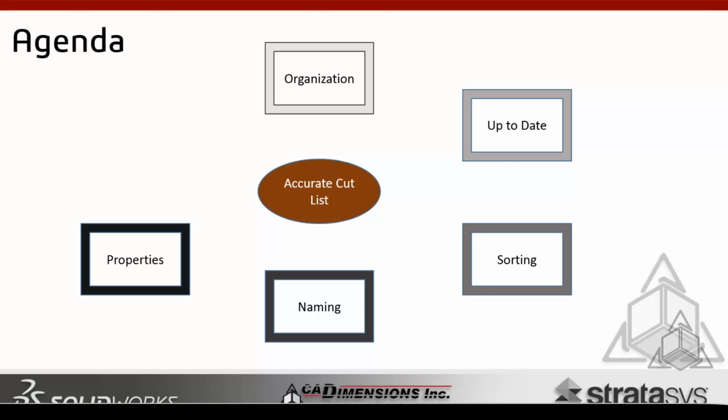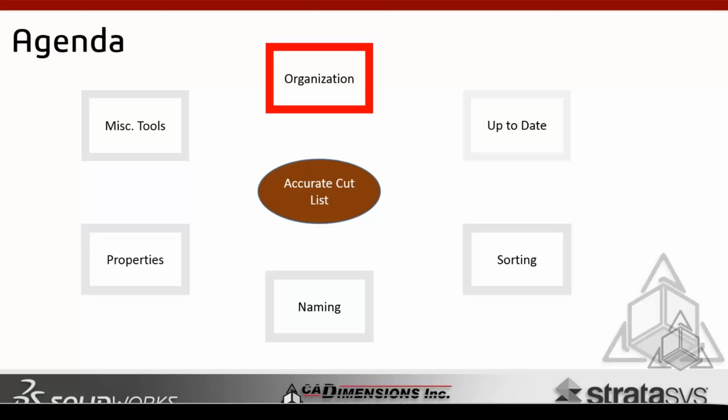I want to talk about properties related to the cut list members individually and as a whole. And then I want to finish it off with a bunch of miscellaneous tools that I couldn't come up with a single title for, so I just called it miscellaneous tools. So let's get started with how we organize a cut list.